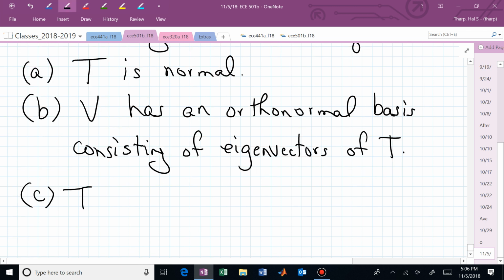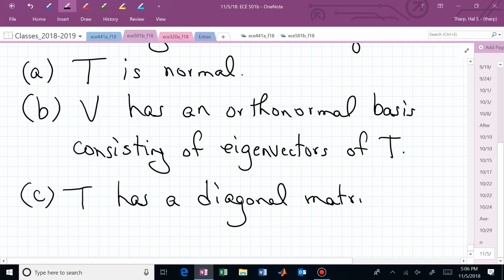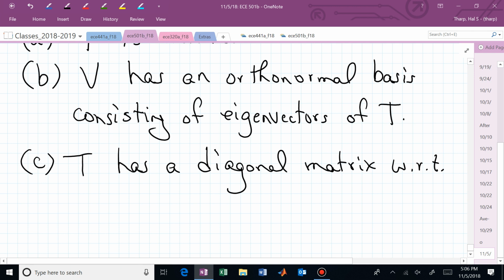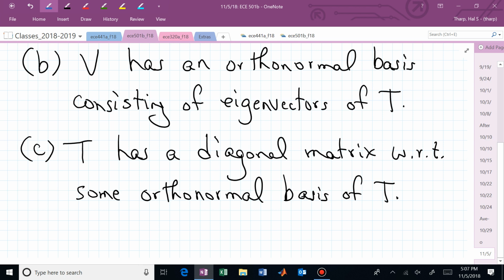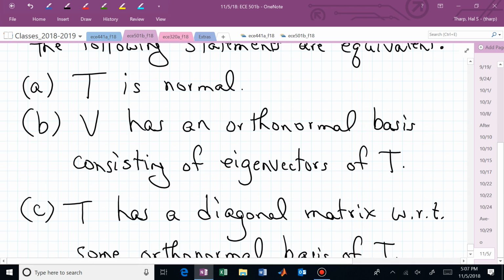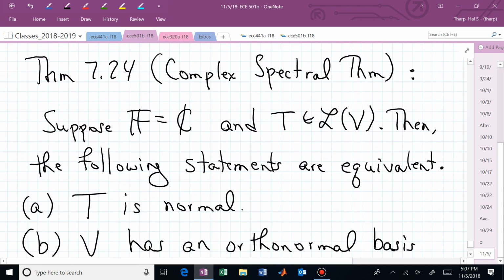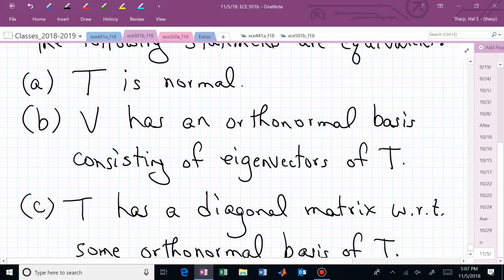C, T has a diagonal matrix with respect to some orthonormal basis of T. So now let's see, what's our strategy if we're now saying that these three statements are equivalent?